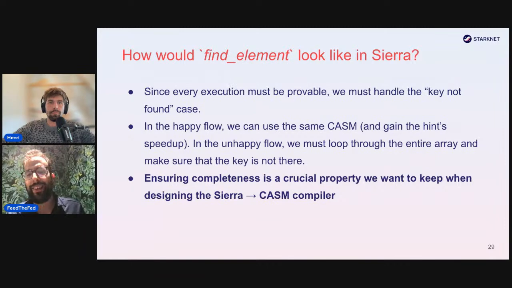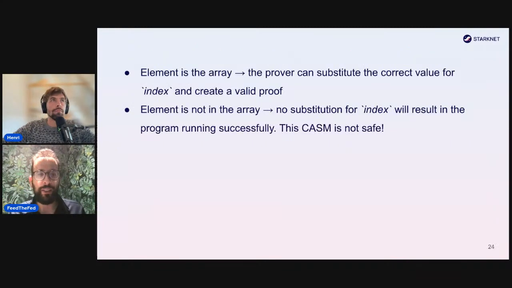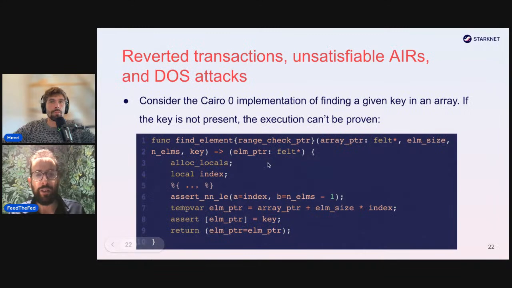But this is not good enough, because you have to make sure that the associated Cairo assembly is complete in this very precise sense that there is no flow in which I cannot prove it. There are no cases like this one where for some set of parameters the resulting assembly is unprovable.